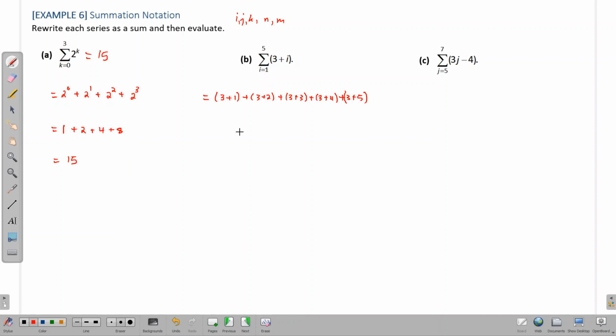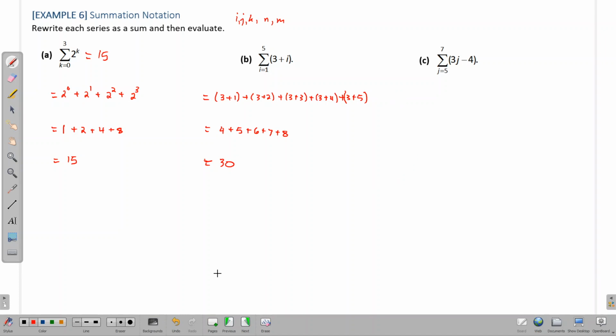That would be expanding it out, and then simplifying it. This is 4 plus 5 plus 6 plus 7 plus 8. Notice this one is an arithmetic series. We're incrementing by 1 each time, so you can write arithmetic series using summation notation, as we'll see more of later. If we add this one up, it comes out to 30.